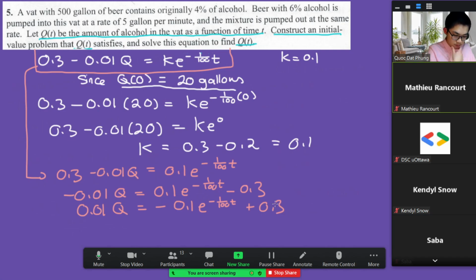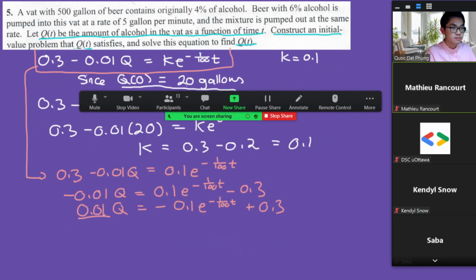And the last thing is we divide both sides by this. Okay, and that's it.